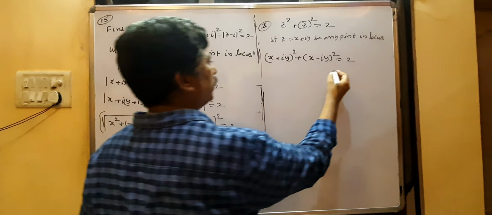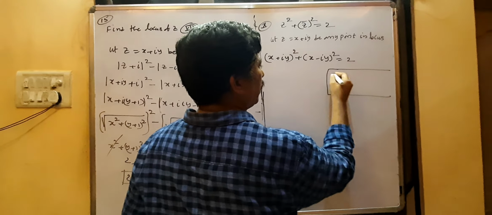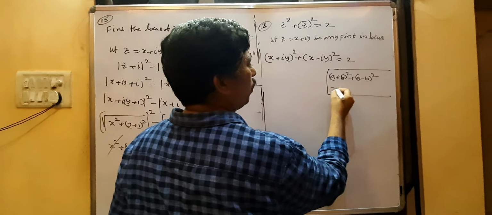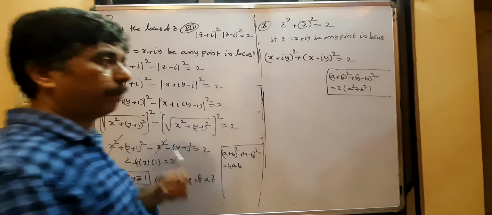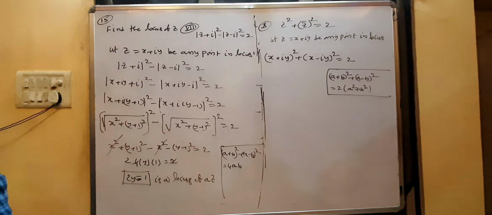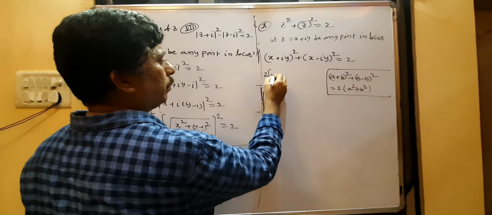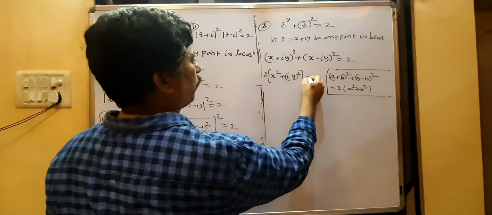It is in the form of which form? (a plus b) whole square plus (a minus b) whole square. What will you get? 2 times (a square plus b square). So this is 2 times (x square plus (iy) square) equal to 2.